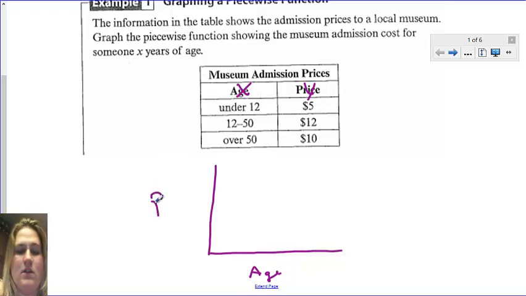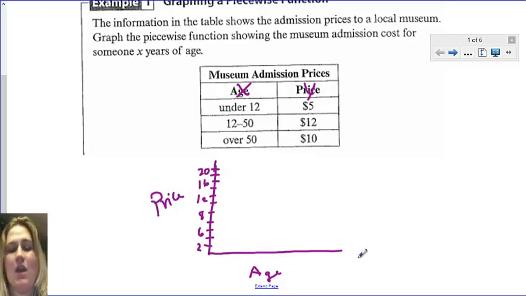and price is over here, and I know my price ranges from 5 to 12, so we're going to go 2, 4, 6, 8, 10, 12, 14, 16, and 20.